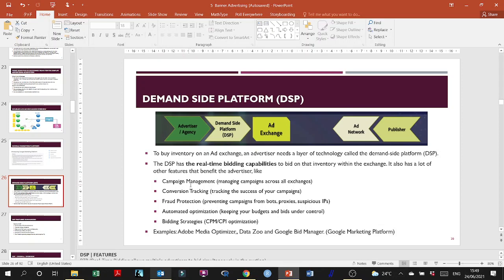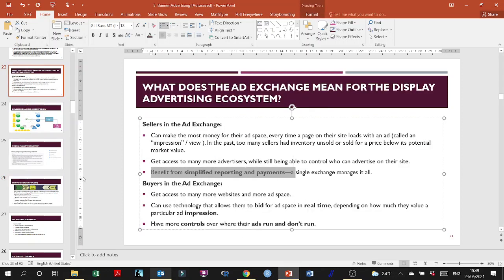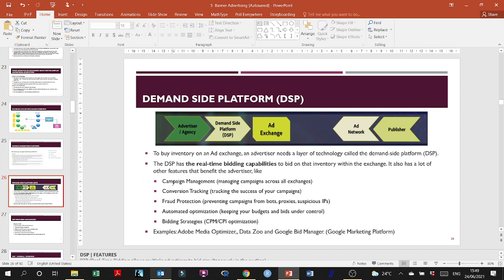You can do the campaign management. So again, you can here benefit from some reporting. So you can do the campaign management over here, like managing campaigns across exchanges. And then we have the conversion tracking. So tracking the success of your campaigns.